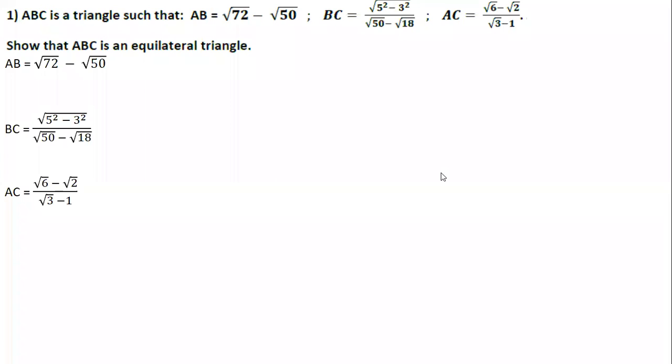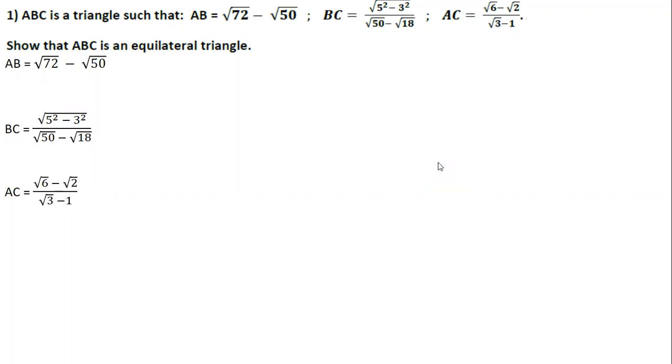Adam. Adam is removed. So I want, yalla Yasmina, read exercise number 1.